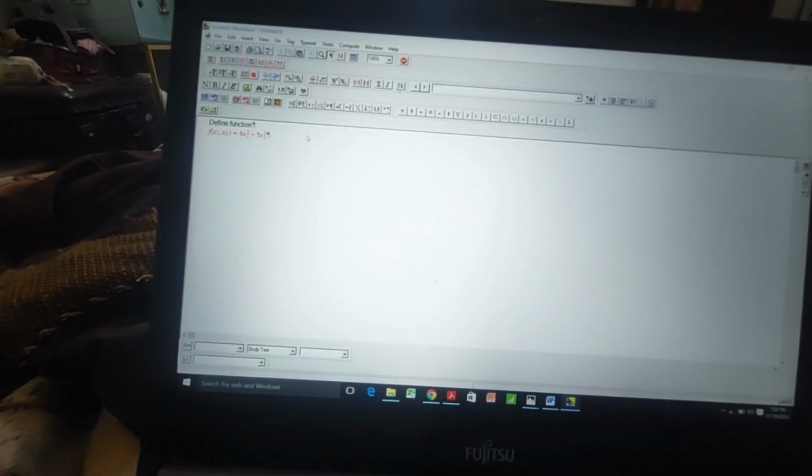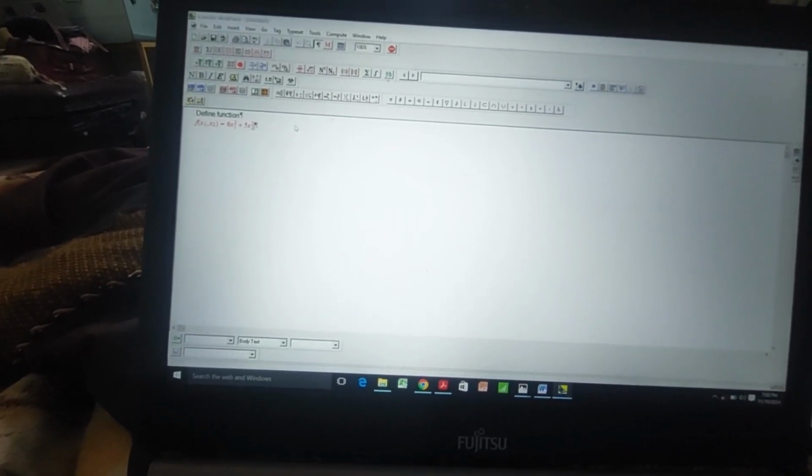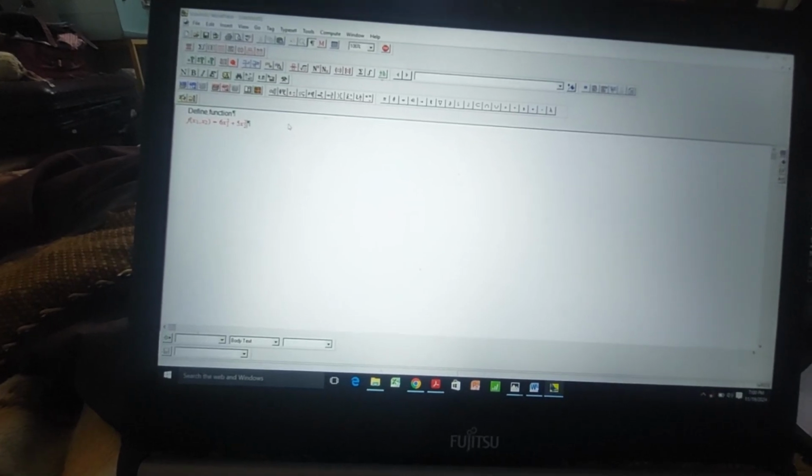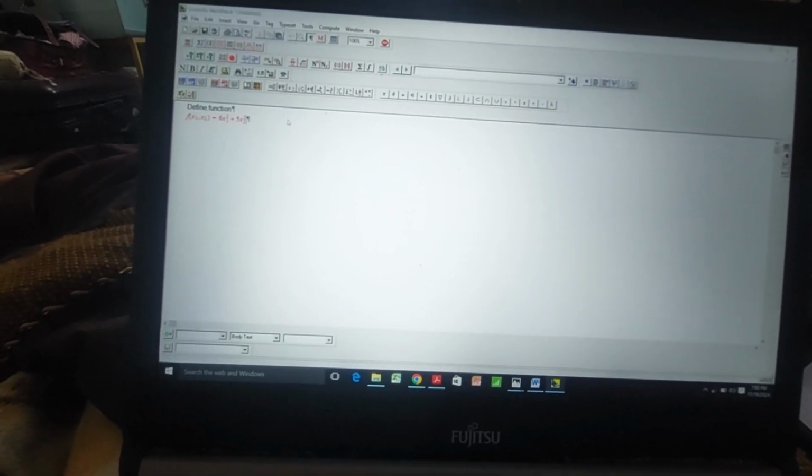Again pressing the space bar, this function is now ready.